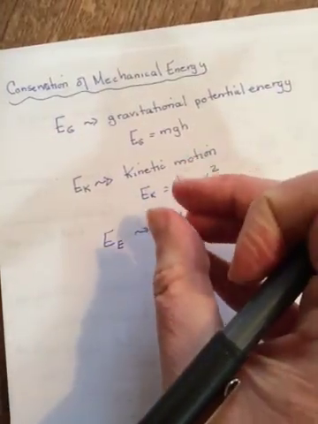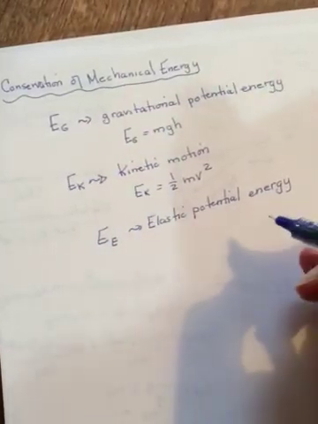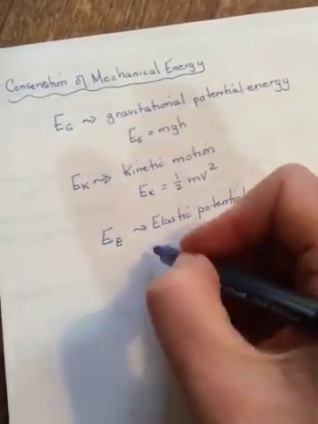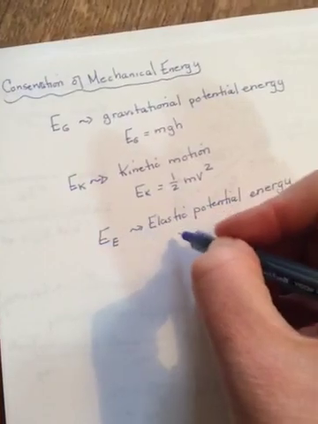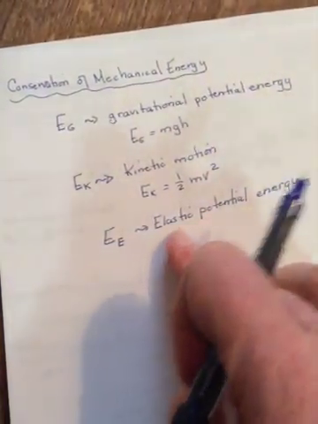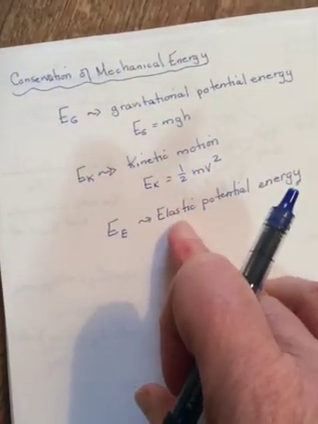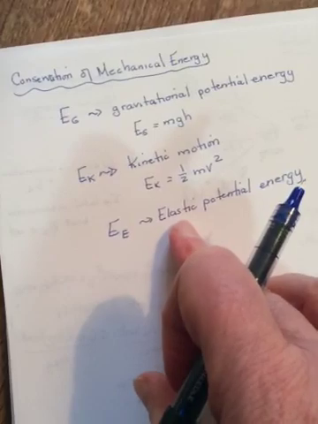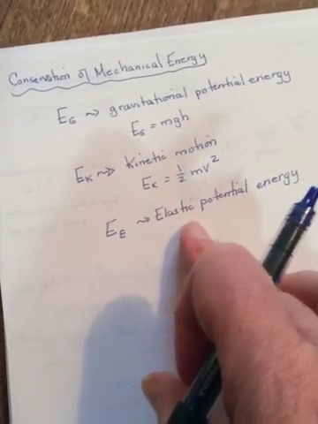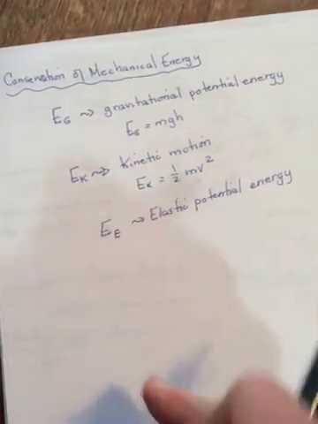Or if you compress something and release it, it's going to spring apart. So it has, again, the potential to move when you release it. And it's all based on the property of an object, how much stretch it has. So we're thinking like a spring, a slinky, the springs and the shocks of your car, but also maybe some clothing that has some spandex in it, has some elasticity, a rubber band.